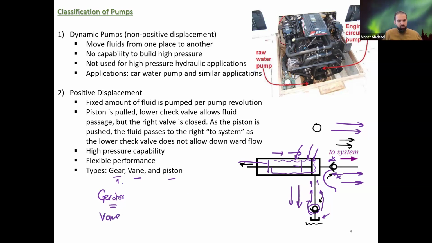I recall I also had one for the gear. I can't find it on my slides. Maybe we'll see it as we move on. And then axial piston. If we have an axial piston pump, then we do have another type of piston pump. Does anyone remember or is familiar with another type of piston pump? If we have axial, then we have something else.